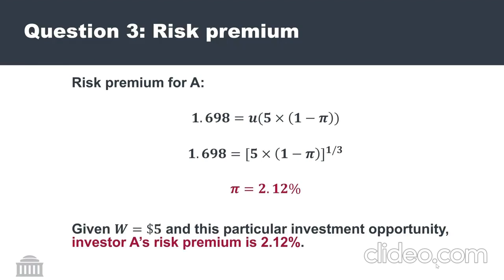So now, given a higher wealth of $5, this investor still has a required risk premium of 2.12%. And in fact, this risk premium would not depend on the level of wealth of this investor, just because the risk aversion of this investor does not depend on her wealth.